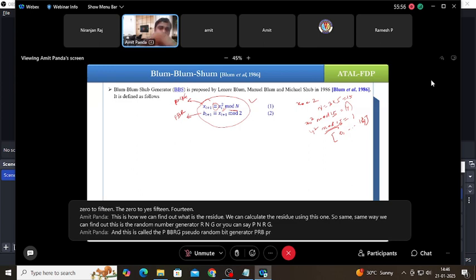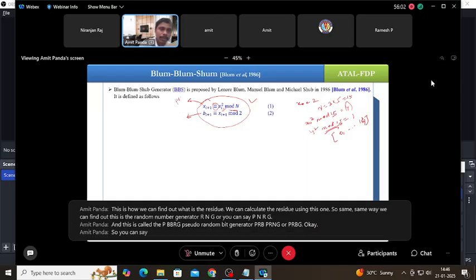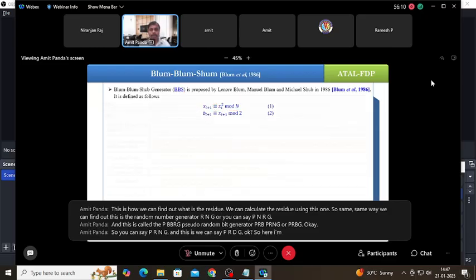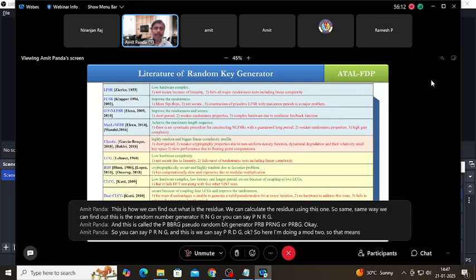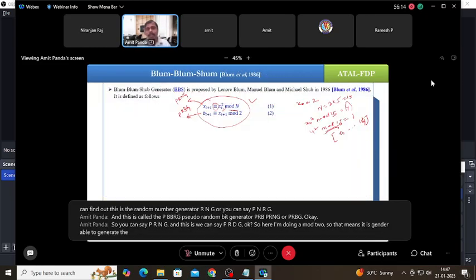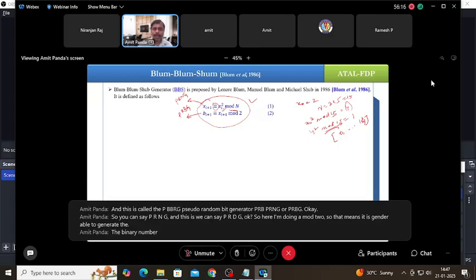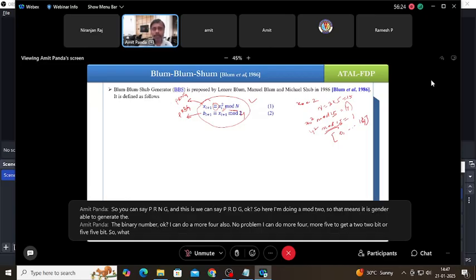Here I am doing a mod 2, which means it is able to generate a binary number. I can do mod 4 also, no problem. I can do mod 4 or mod 5 to get 2 bits or 5 bits.